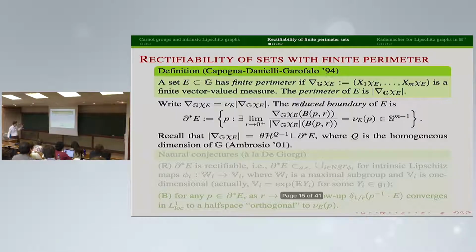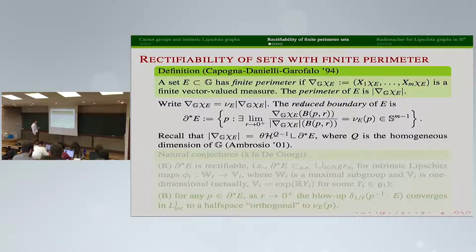And this set, the reduced boundary, is relevant for us because by a much more general result by Luigi Ambrosio, it is possible to write the perimeter, and so also the derivatives of the characteristic function, as a Hausdorff measure up to some multiplicity, restricted to the reduced boundary, okay?